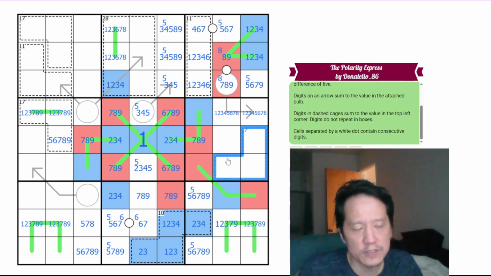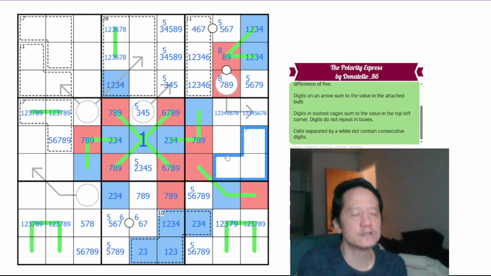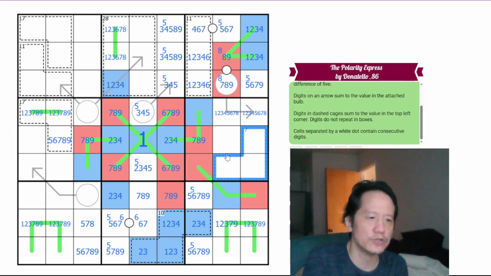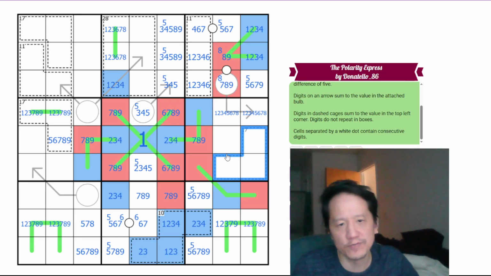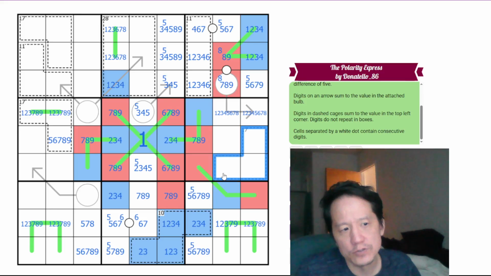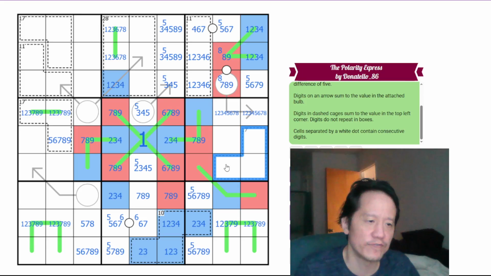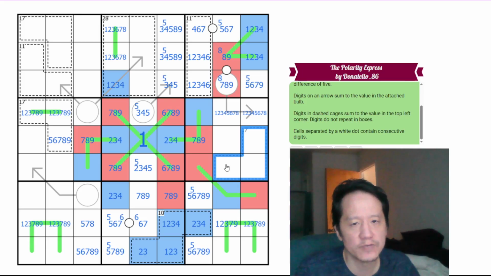For 17, like we've shown, you cannot have 5, 6, and 7 ever add up to it. So you always have to have one digit from 1 through 4. So there's at least one digit that's low here. We're not sure which. You have to also have one high, because you can't have 3, 4, and 5 adding up to 17.